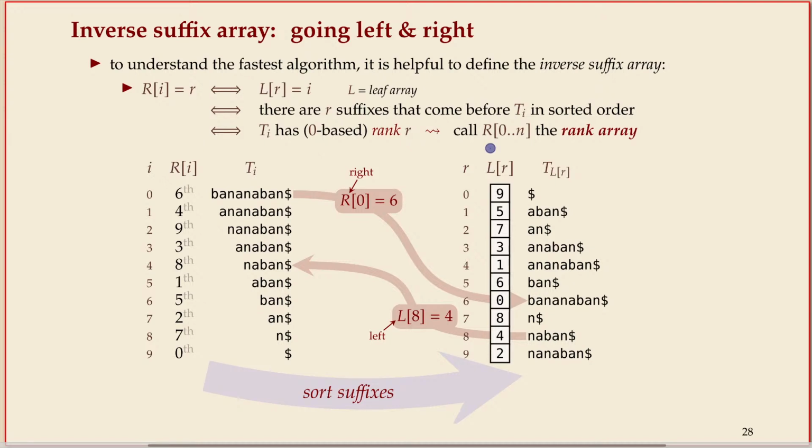And so you can interpret this R as the rank of a suffix. So here you give me the rank in the leaf array, you tell me the index is the rank, the how manyth in sorted order do you want, and I'll tell you where it starts. For the R array, you tell me where the suffix starts, and I'll tell you its rank. Okay, it's the inverse of the two things.